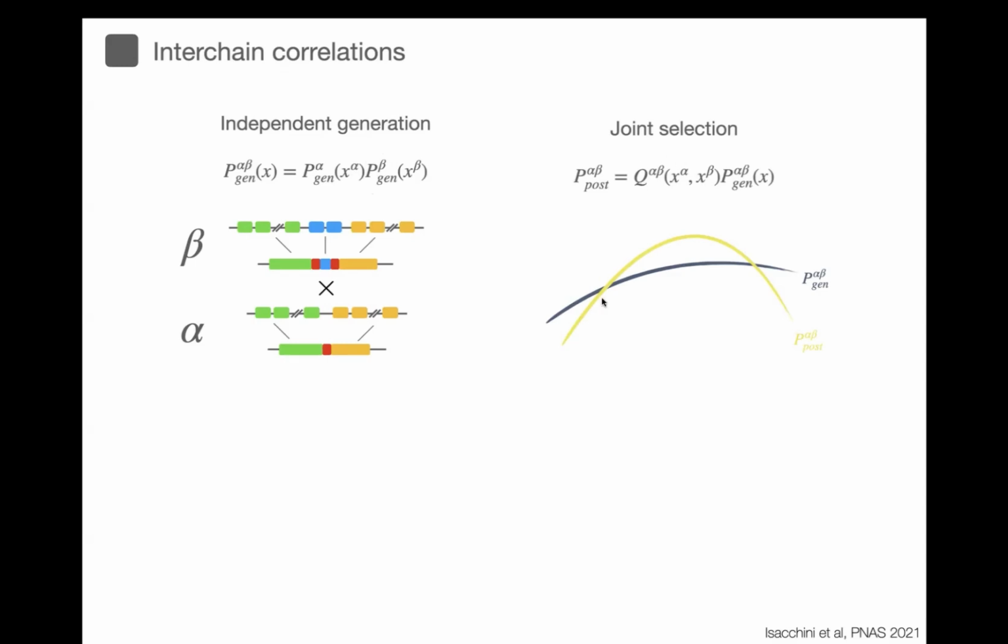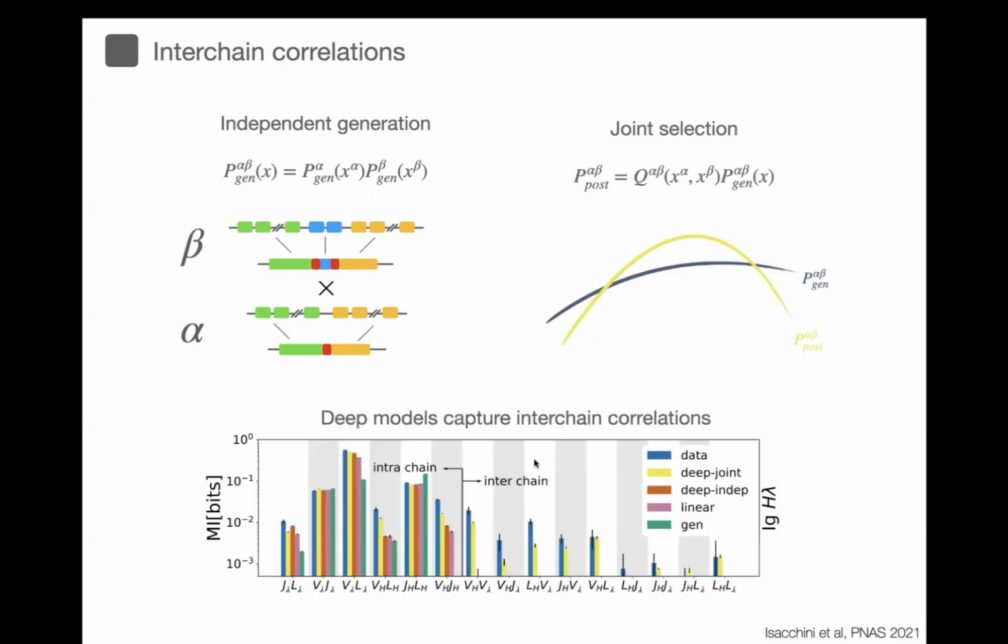Before, I was showing you T cells. Now I go back to the case of B cells. Here is antibody heavy-lambda paired data, and there is a lot going on in this plot. What I want to show you is that we are looking at mutual information between some features. There are different kinds of features, such as the J gene and the CDR3 length of the lambda chain, or the V gene and the CDR3 length of the heavy chain.